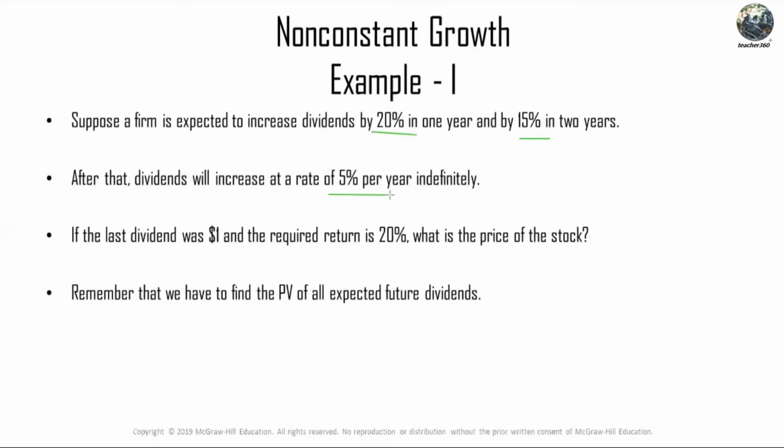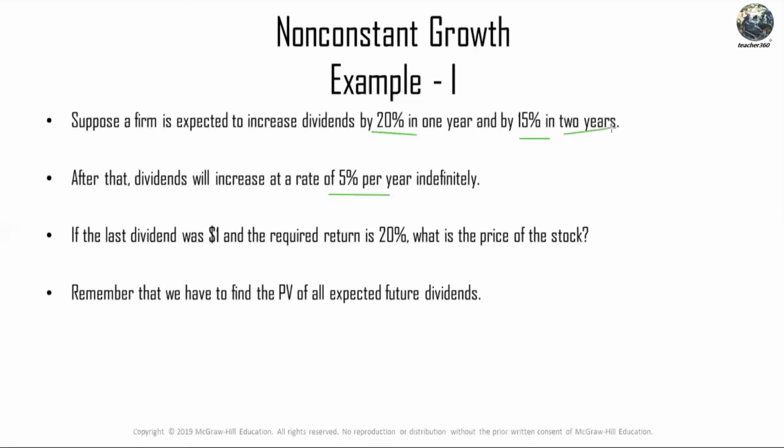So when it is mentioned that after a certain year the dividend will grow at a constant rate, then you count the last non-constant growth year for calculating share price. So here the last non-constant growth year is year 2.